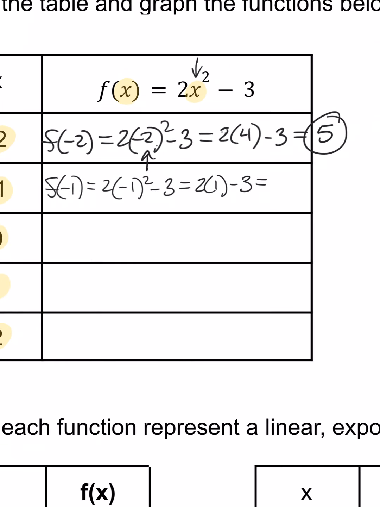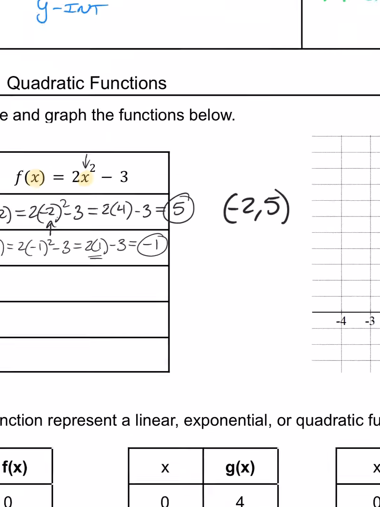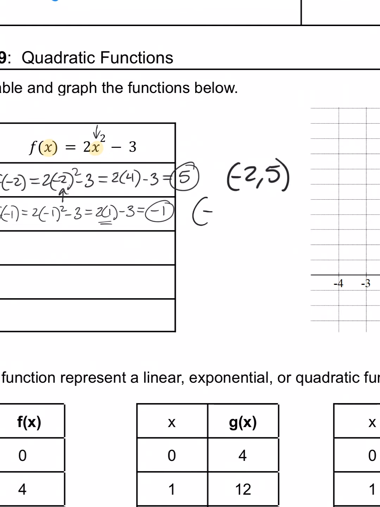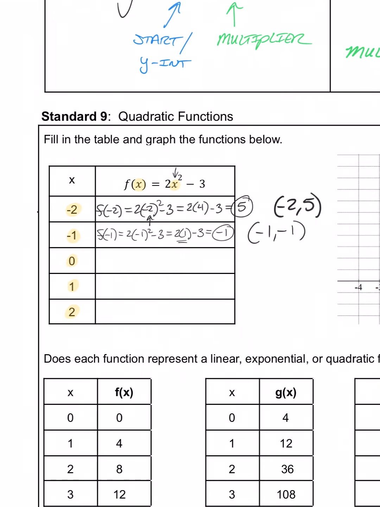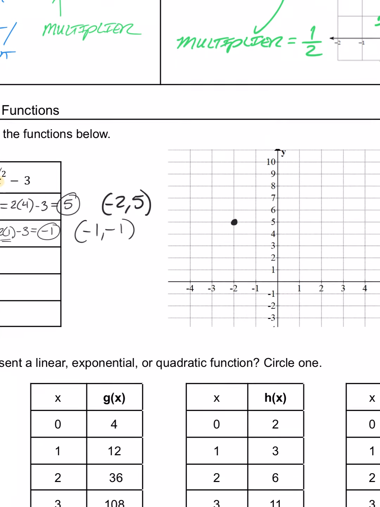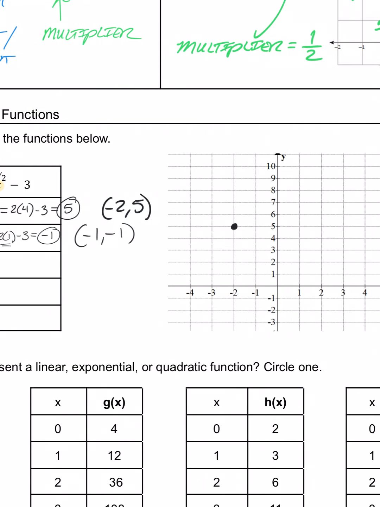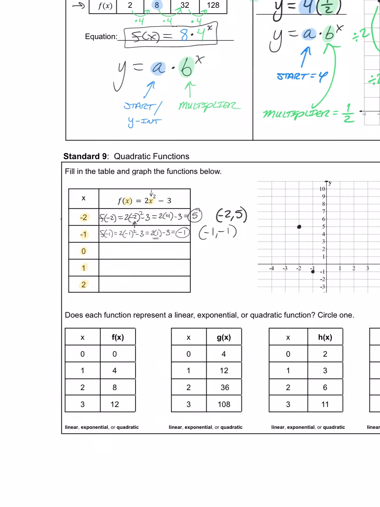All right. (-1) squared is 1, and 2 times 1 is equal to 2. 2 minus 3 is -1. We plug in -1 and we get -1. Let's graph this point. We have (-1, -1), right here.